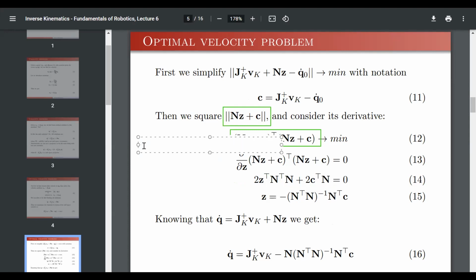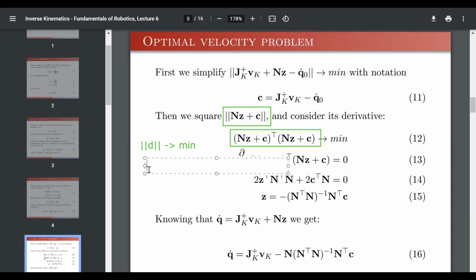Let's say we want to find the minimum of the norm, right? What this does is it minimizes the norm. The norm, on the other hand, is the square root of d transpose d, right? So it is the same as trying to find the minimum of the square root of d transpose d. So far, we didn't change anything.